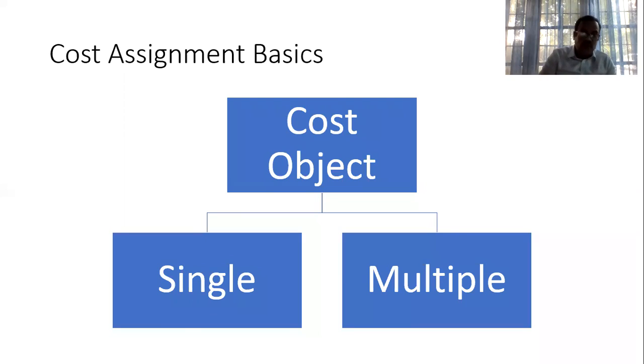So what I just want to tell you is that in real life organizations, it is extremely hard to see an organization which comes out with a single, unique product. If there is a single product, we need not worry about cost assignment, because everything can be pooled into that product.